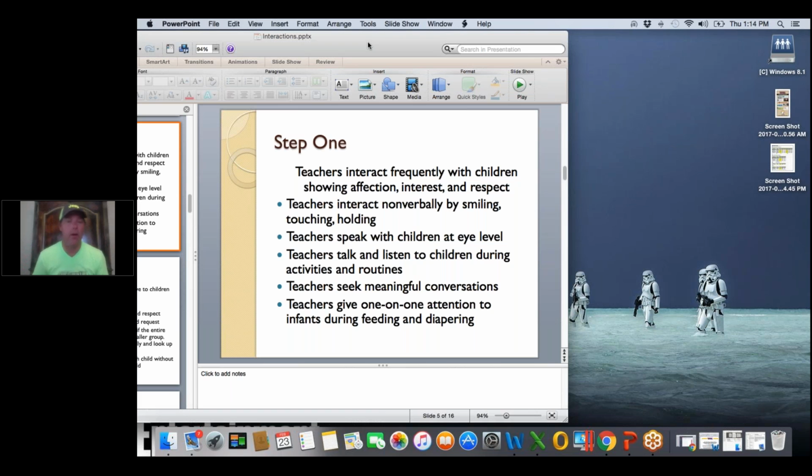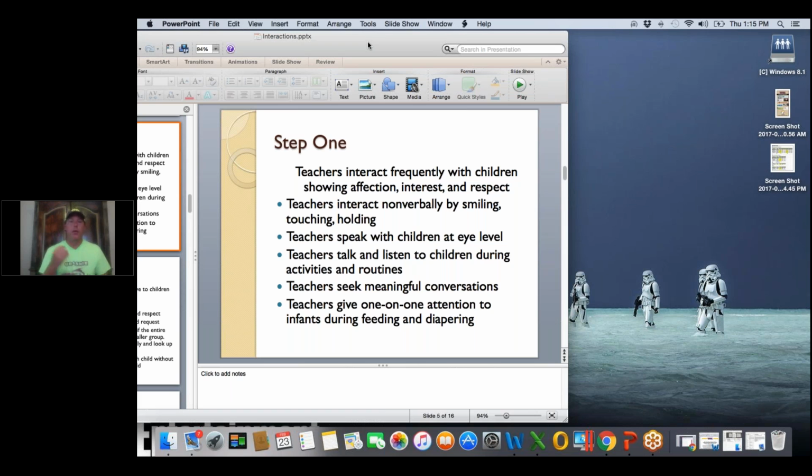Probably one of the biggest questions that I get on this particular topic is, what about nonverbal children? How do I communicate with nonverbal children, whether it be an infant or a toddler or an at-risk 4-year-old who is struggling with their verbal communication? While that is an obstacle, it's definitely not something that's going to hold you back too much because, again, those words are only 7%.